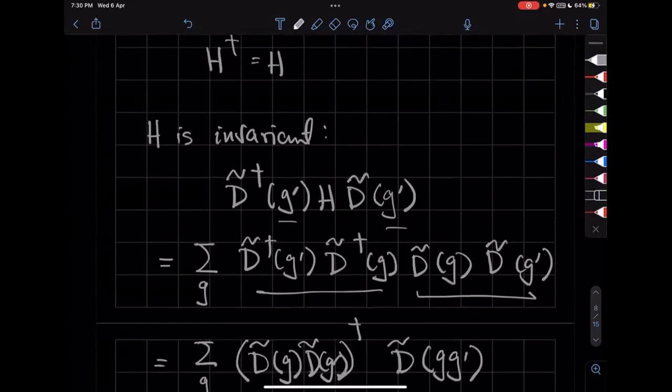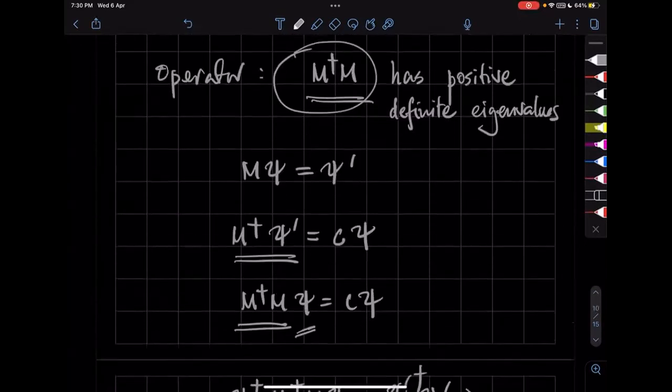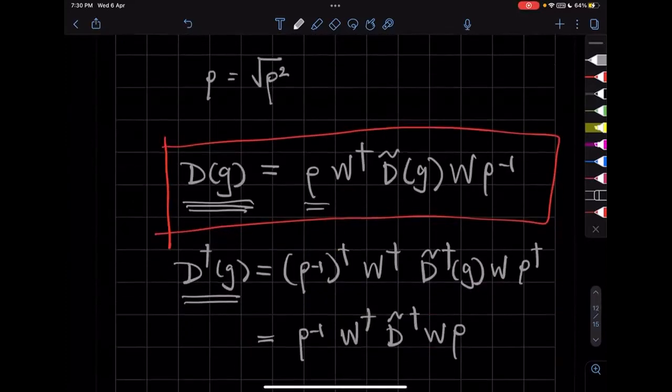This proof tells you that if you construct these D matrices in this manner, then the resulting object is going to be unitary.